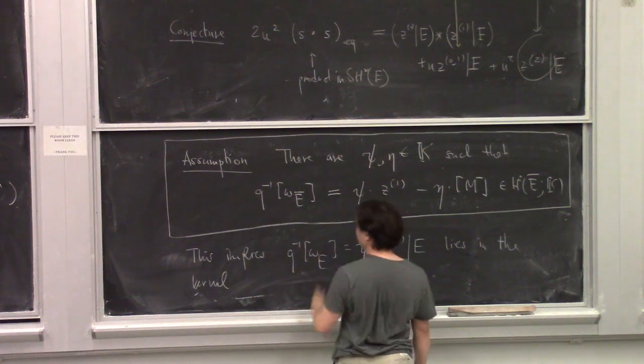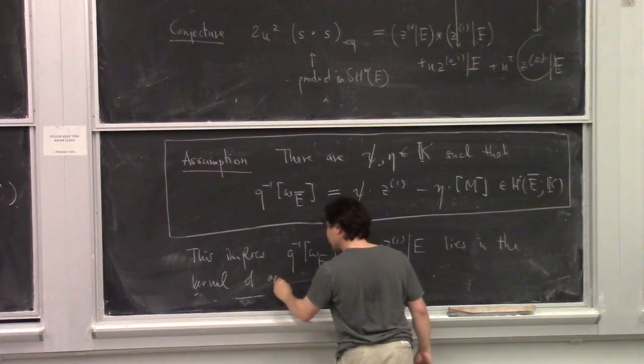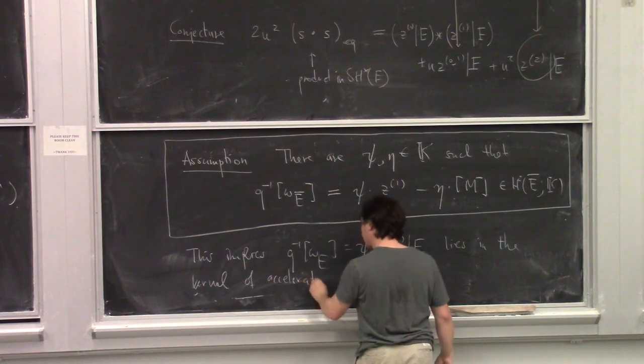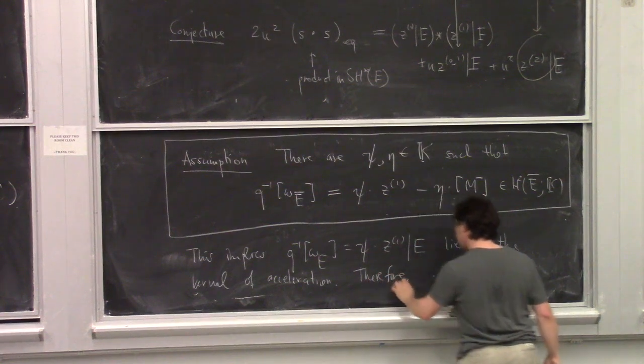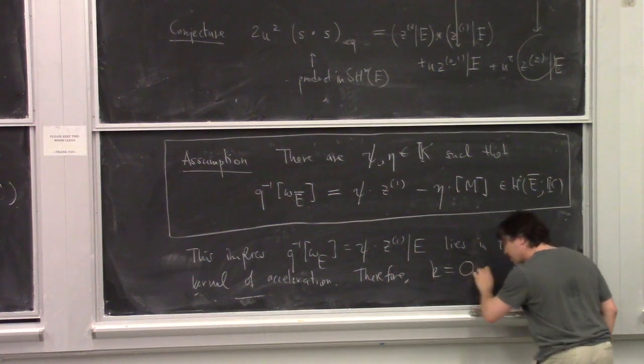Because of that lemma of acceleration. Therefore, the Kodaira-Spencer class actually vanishes.